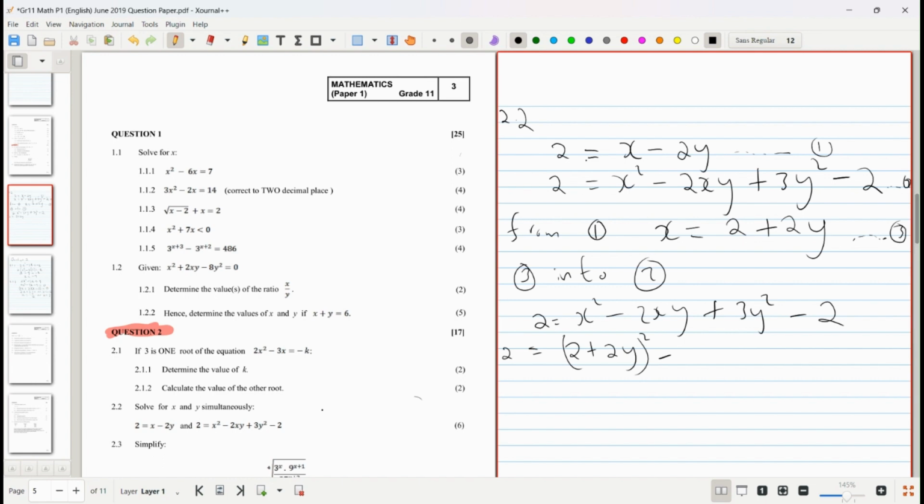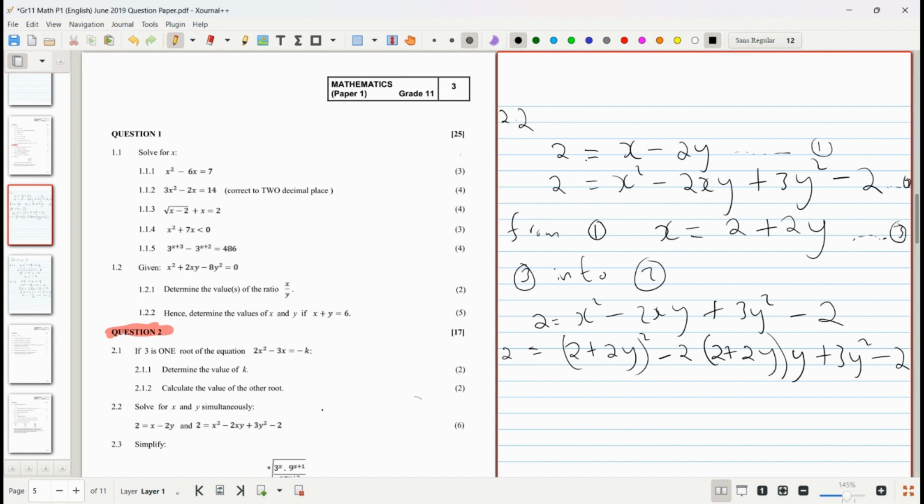And then minus 2, where there is x again, we put 2 plus 2y. So we must not forget our y here. And then we have plus 3y squared minus 2.